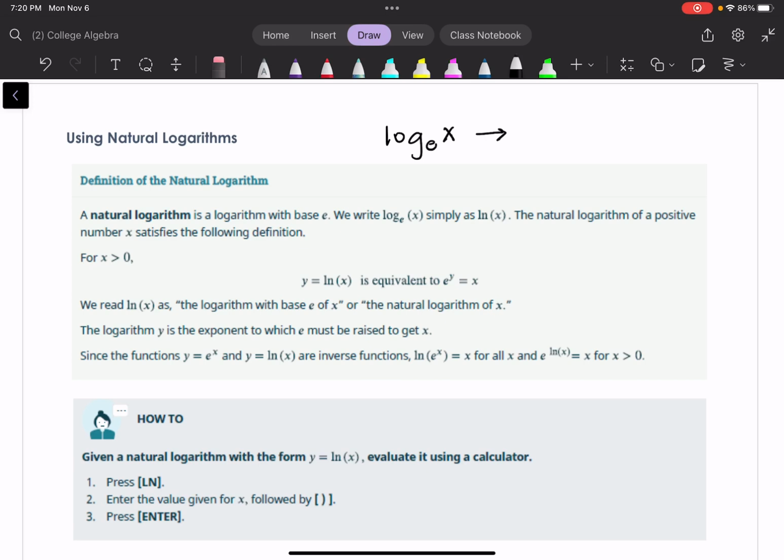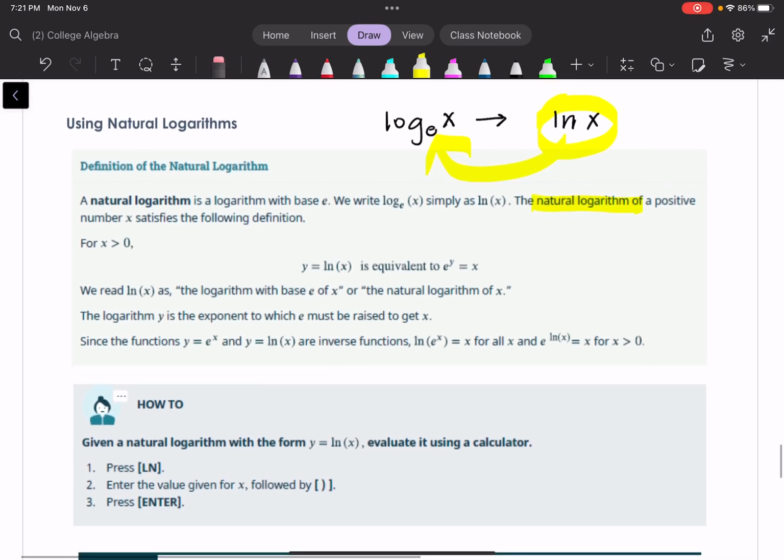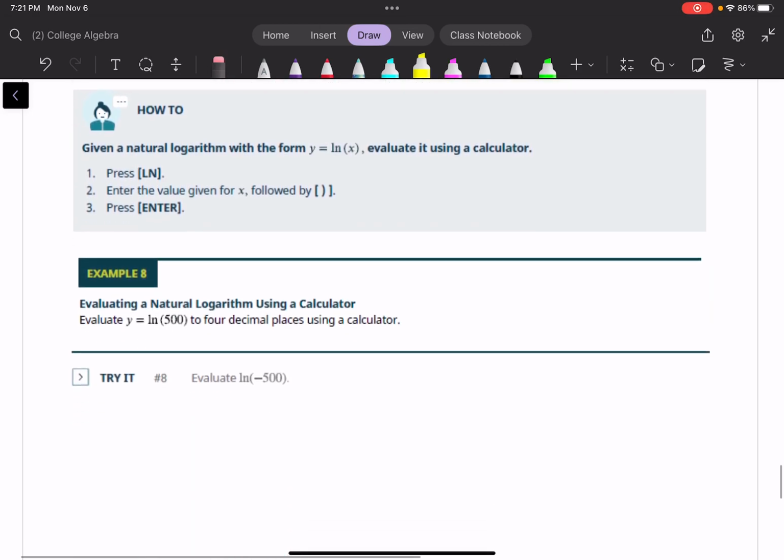We have a shorthand because e is such a common base, as we saw previously with the continuous exponential growth and decay function, that it's so common, in fact, that we give it its own special notation, which is ln, which means natural logarithm. And again, that is just the log base e, and this is just the shorthand notation. And we call it the natural logarithm of x. And it is the exponent to which e must be raised to get a number x.